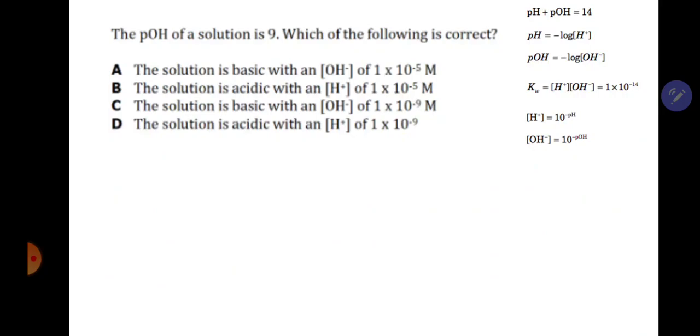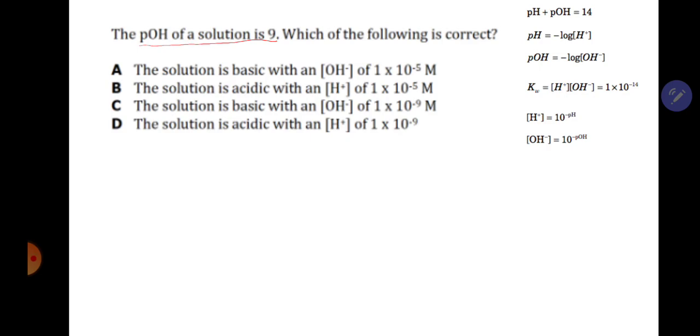So this one's slightly more difficult. Even though it's multiple choice, I promise you it's a little bit more difficult. You're going to get tricked by it, so don't get tricked. They tell us the pOH of a solution is 9. They want to know which one's correct. They give us options of hydroxide concentrations, options of hydrogen concentrations.